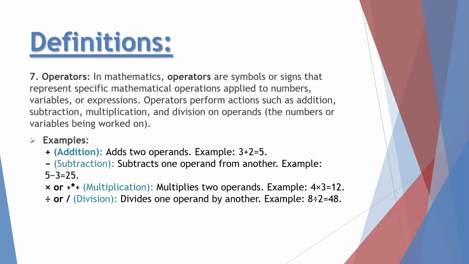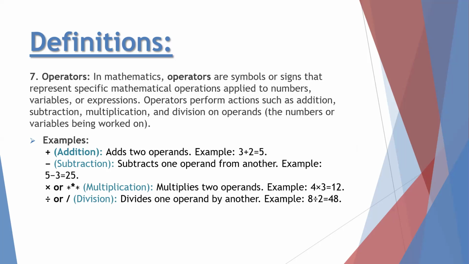Operators perform actions such as addition, subtraction, multiplication, and division on operands, the numbers or variables being worked on. So make sure what operands are, or what operators are. Operators are nothing but the symbols or signs which bring together the given variables and the numbers.